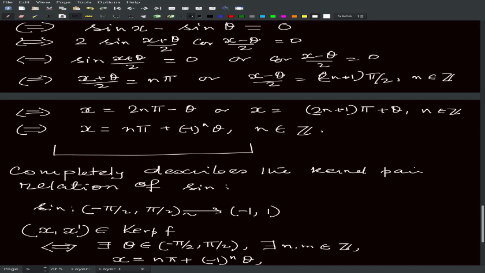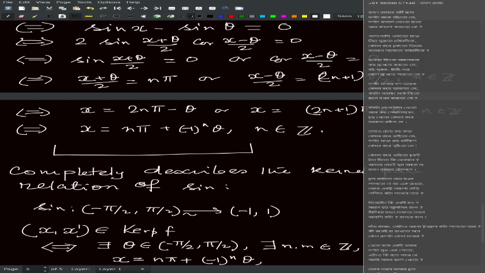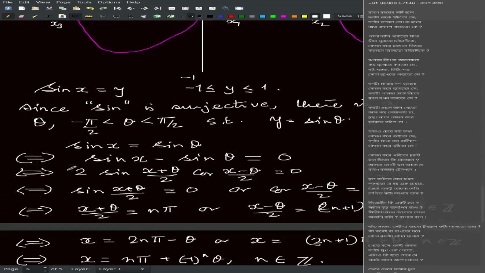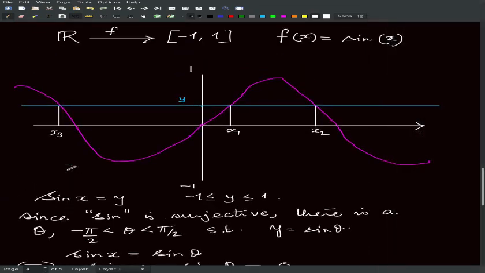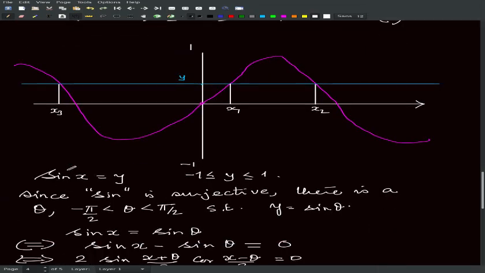Yes, it is now. Sorry, just one question. Graphically, where would the theta function be? So given this y, there exists a theta between minus pi by 2 and pi by 2. So there is some point over here.